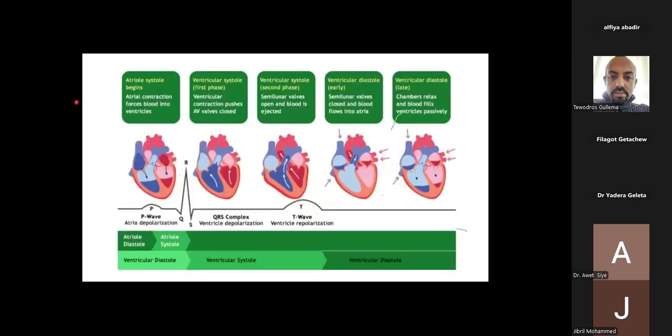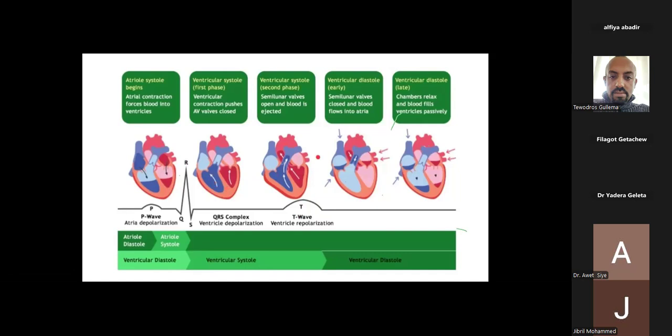Now we said there are 5 phases. The first is atrial contraction, which starts with the P wave as you see here, atrial depolarization. After complete emptying of the atrial content by atrial contraction, represented by the P wave, there is the so-called isovolumic contraction. The whole QRS complex includes isovolumic contraction plus the ejection phase of the ventricle.